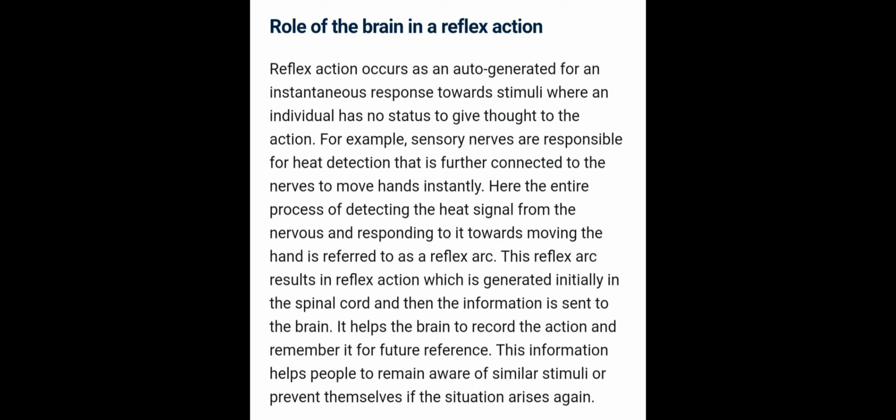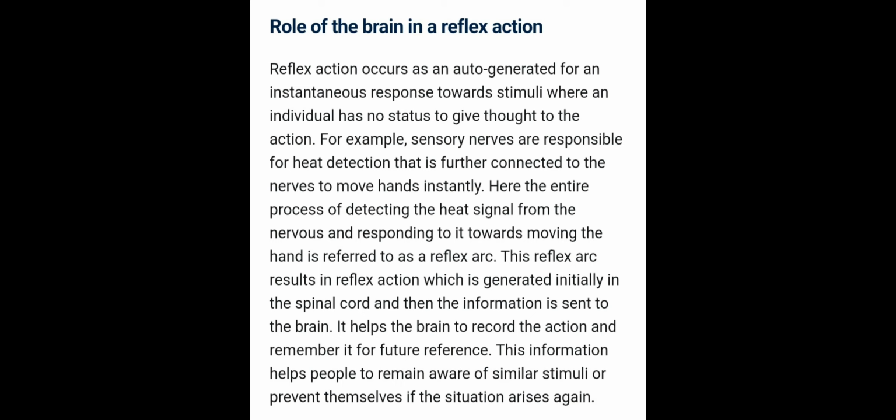Role of brain in reflex action. Reflex action occurs as an auto-generated instantaneous response towards the stimuli or the changes in the surroundings. For example, sensory nerves are responsible for heat detection, which is connected with the nerves, and hence we can move our hand. Here the entire process of detecting the heat signal from the nerves and responding to it forms a reflex arc, and the reflex arc results in reflex action generated in the spinal cord, and information is sent to the brain.